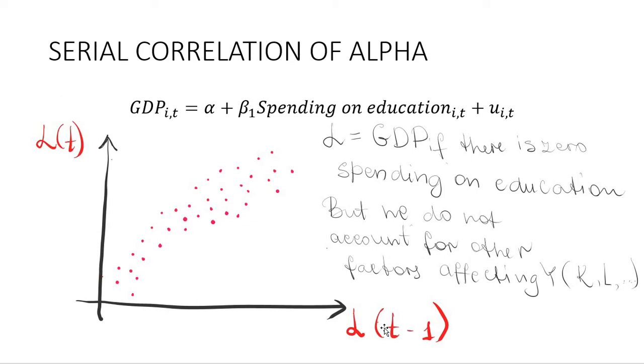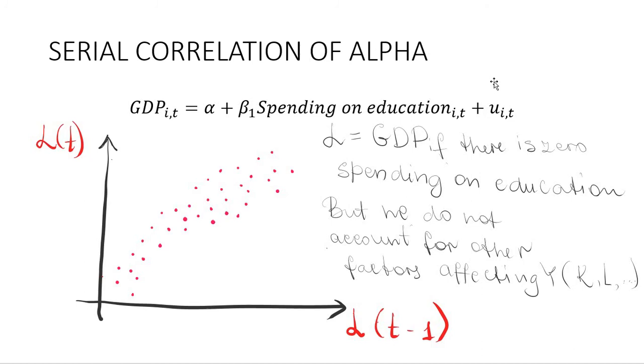The reason for this is that GDP naturally increases over time regardless of the spending on education. You remember that the constant term, alpha or beta 0, is equal to the value of GDP if spending on education is equal to 0. So GDP will be equal to alpha plus the error term.